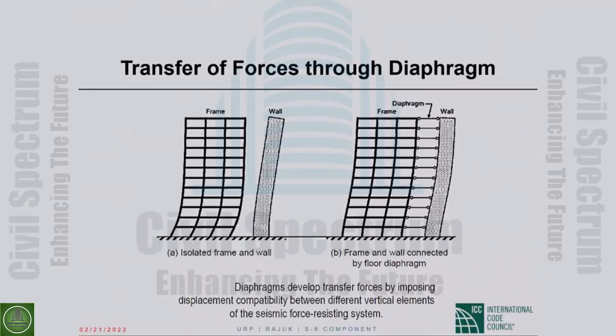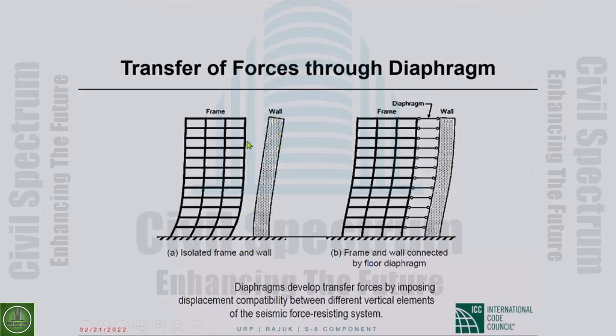Now, when we have shear walls and frames in the same building, shear wall frame interactive system, or it could be dual system, whatever, the frames left to themselves would deform as shown in the left picture. This is called the shear mode of deformation. The wall left to itself bends like a cantilever, flexural mode of deformation.